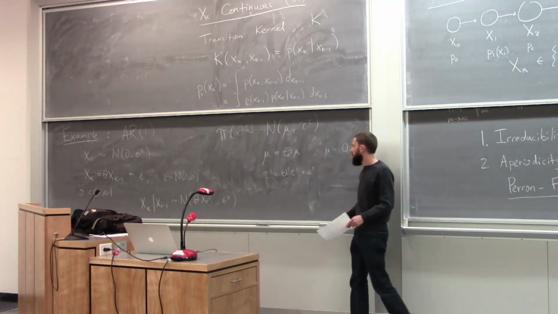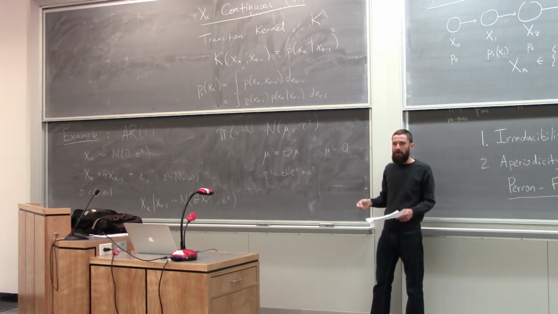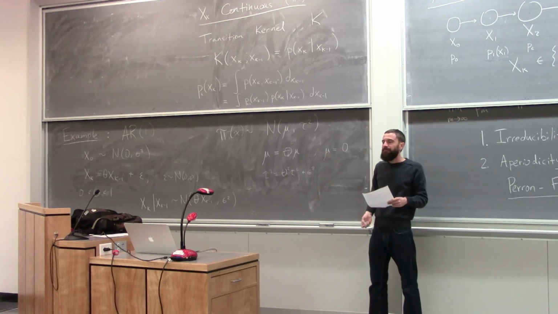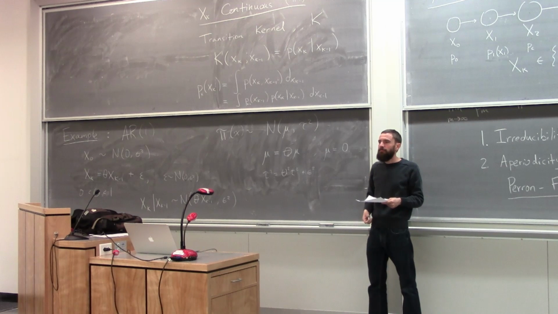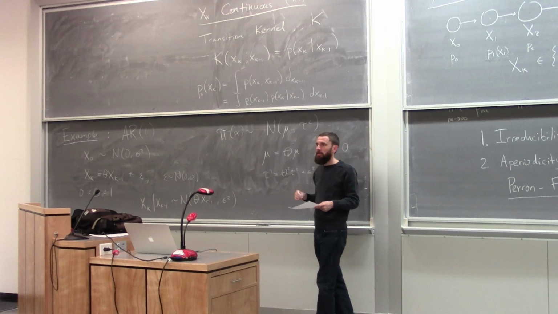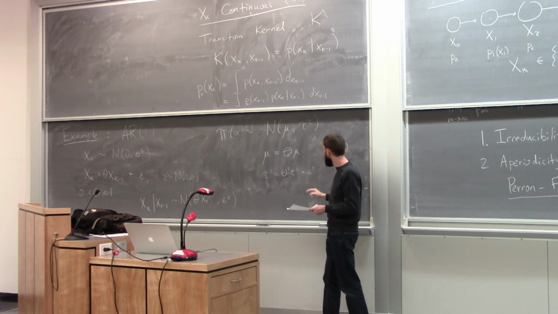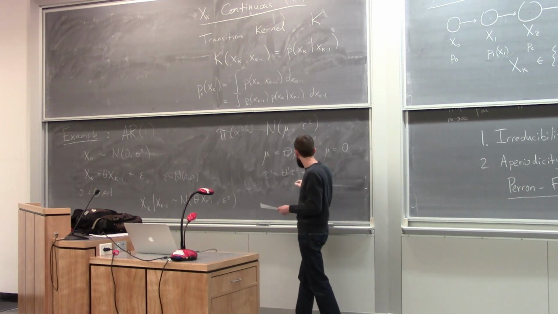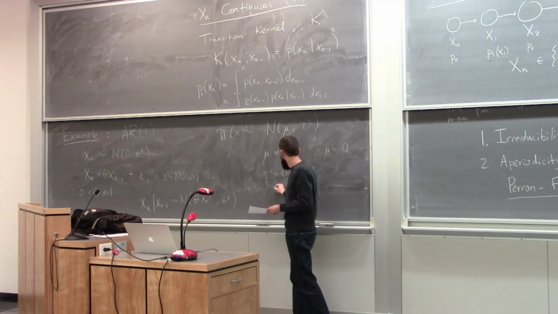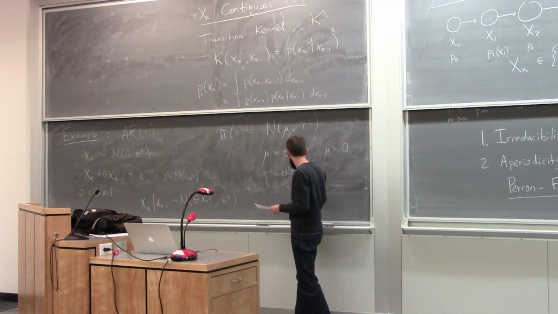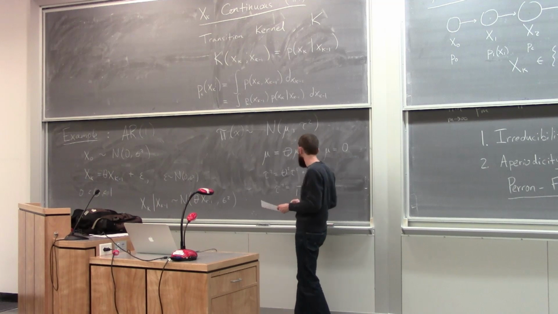Do you have a question? Yeah, I'm just taking the variance of both sides of that equation. And so now if I solve for tau squared, this equation looks like sigma squared over 1 minus theta squared.